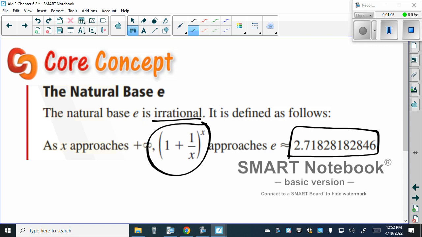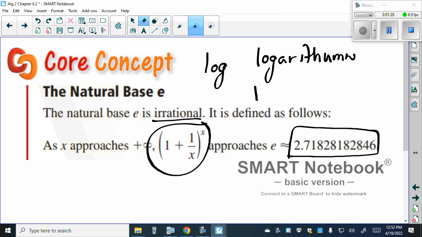Now, e is going to come up again when we start talking about natural logs and logarithms.